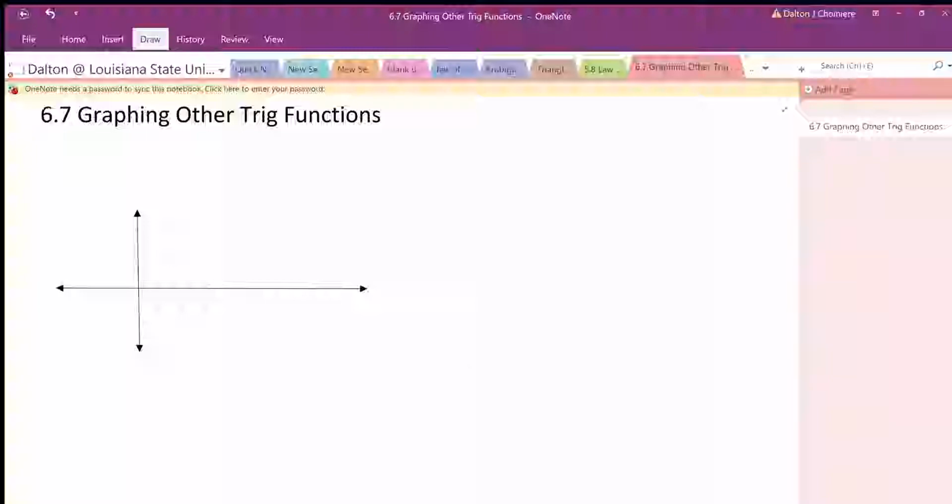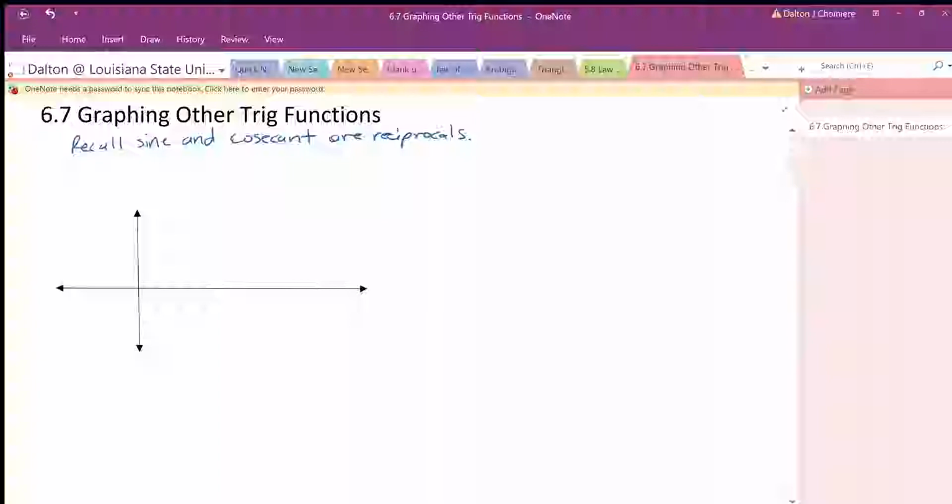The first thing I need you to remember is that sine and cosecant are reciprocals. Sine and cosecant are reciprocals.